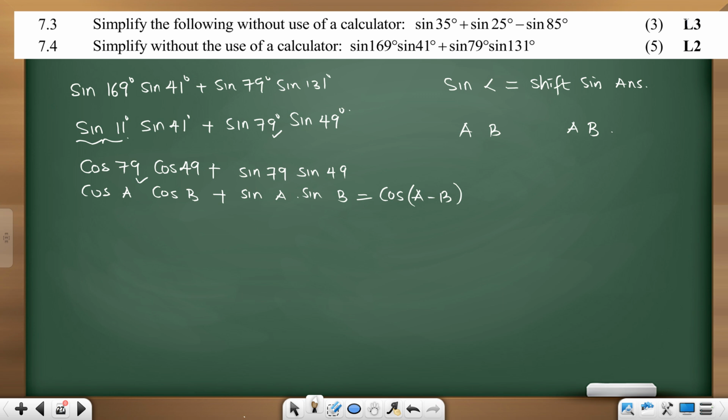What is my A? 79. What is my B? 49. Wait, let's see what that's going to give us. Cos what? Special what? Angle. So what's my answer? Root 3. Is it not beautiful, guys? Beautiful maths.